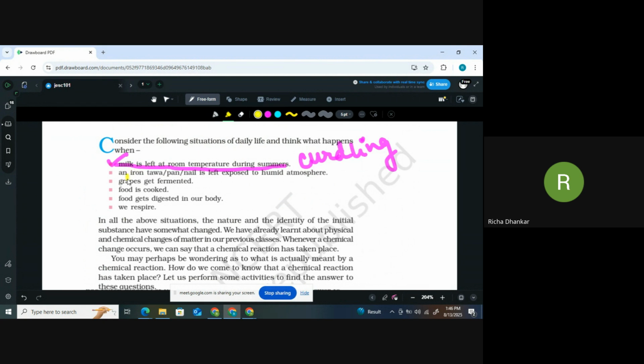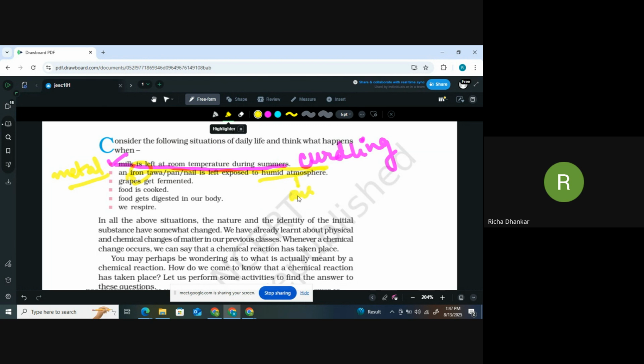The first thing you can think of about this iron pan or tawa is that it is made up of metal, and metal is reactive. Why metals are reactive will be taught to you in this class itself, so for now just bear with the info. Iron is very reactive, and it is exposed to a humid atmosphere.